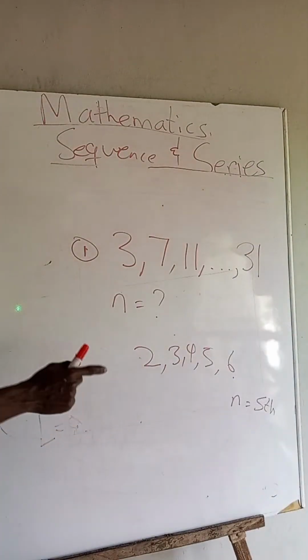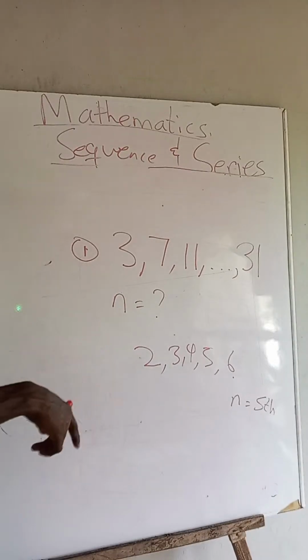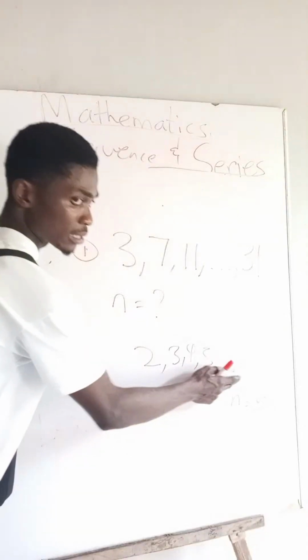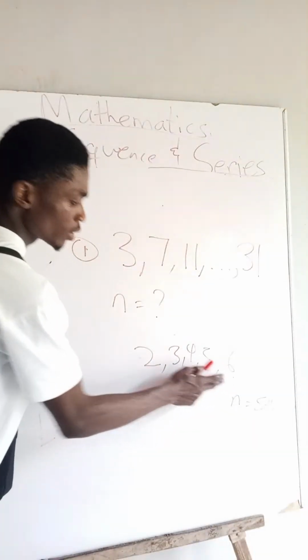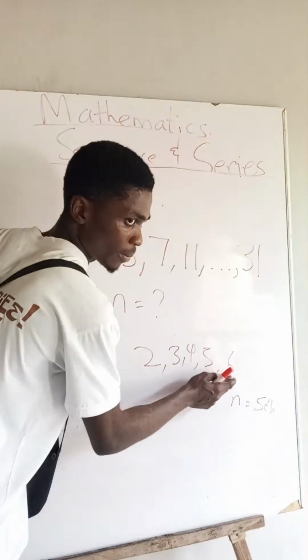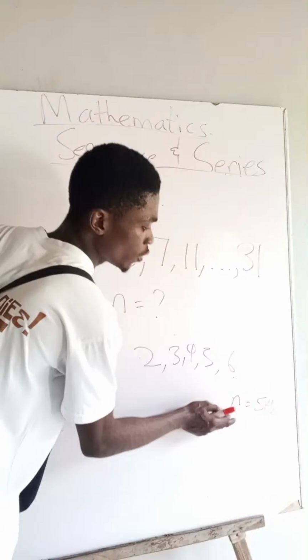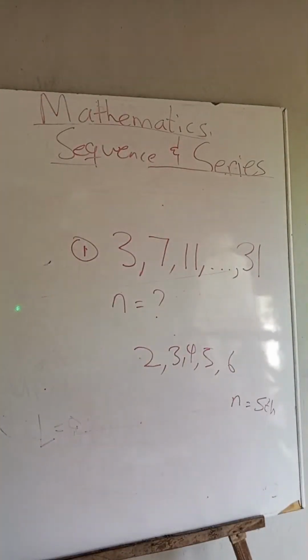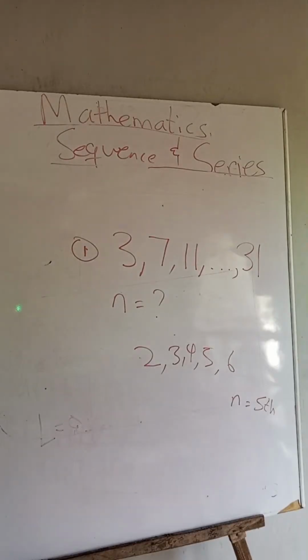So in other words, if they ask you to find the number of terms in this sequence, you can rather find the position of the last term, and then you say that it is equal to the number of terms in the sequence. So that's how it is. Please, when I say it, it means you understand.